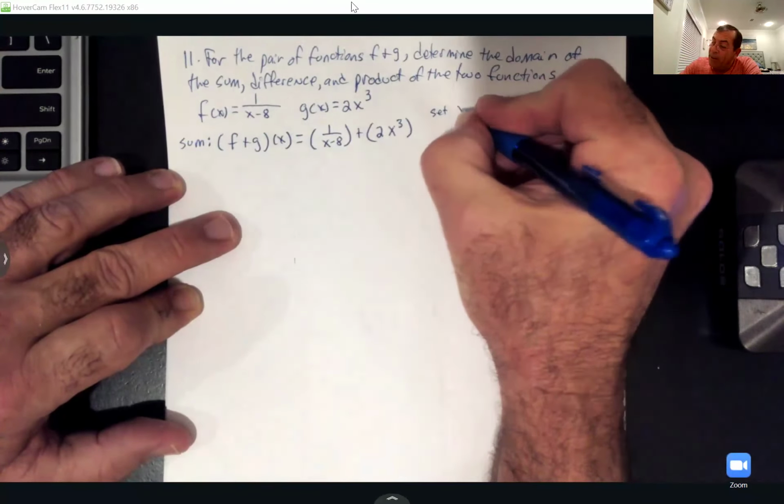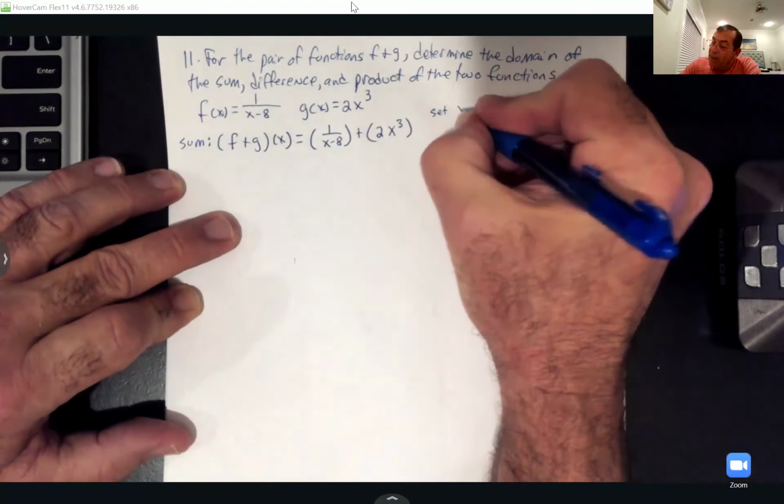All righty. Number 12 is the same thing, except this time they want me to find the domain of f divided by g. So for the pair of functions, f and g, determine the domain of f divided by g.